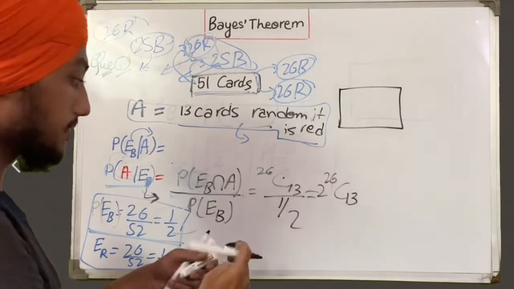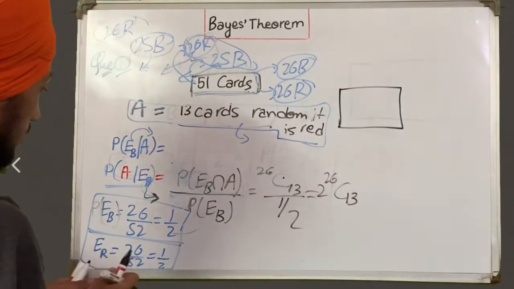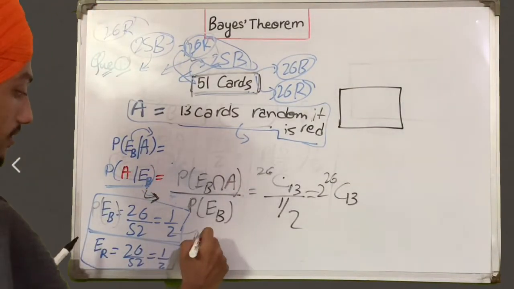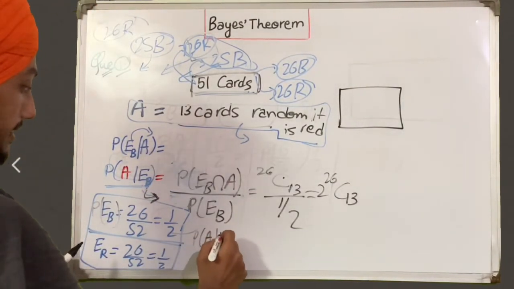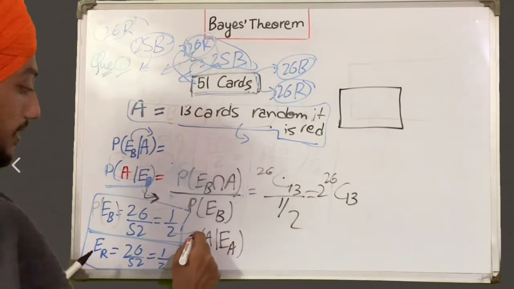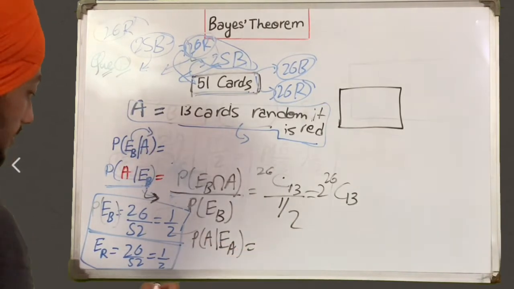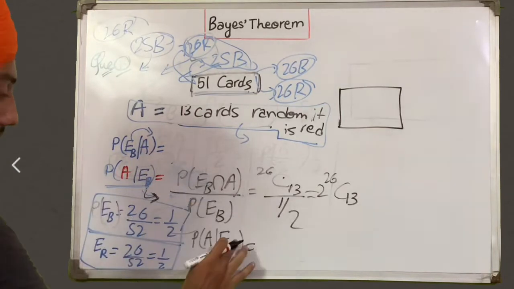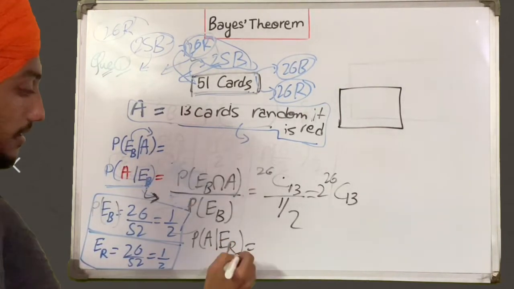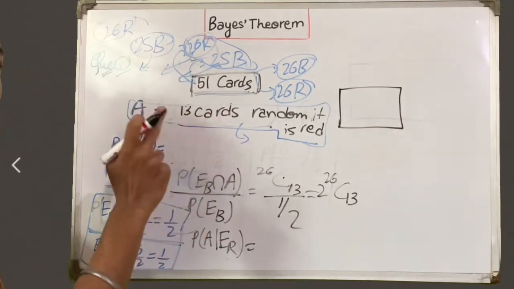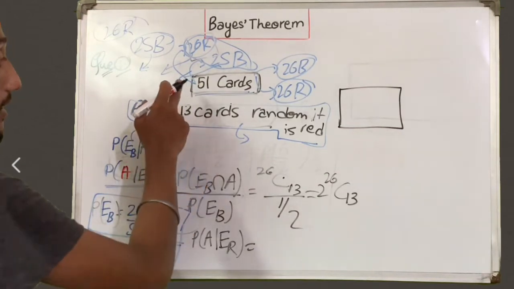Now in a similar way, we're going to find out the probability of A such that E red has happened. E red has happened indicates that the missing card from these 52 cards is red.